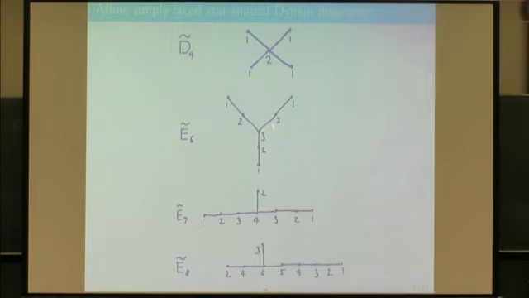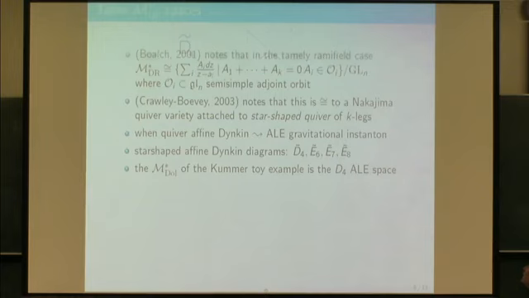So the different ones up to conjugation will be here a single transposition or 2 transpositions or a 3-cycle or a full 4-cycle. And then here we can have a single transposition and a full 4-cycle. And here too, for E7 we still have one order 2 automorphism of the graph. So we will see that some of these automorphisms will be useful to understand later the irregular Dolbeault spaces.